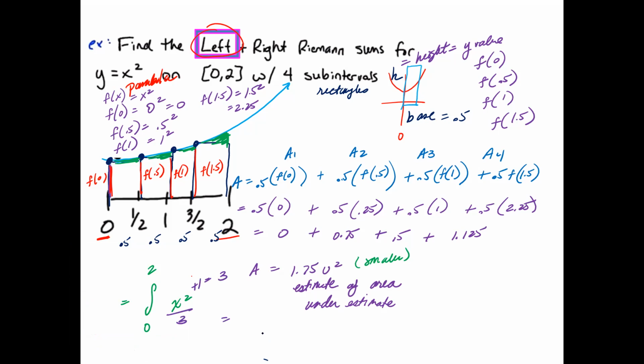So then what you're going to have here is 1/3 x to the third plus c. And then you're going to plug in the 2, plug in the 0, and then subtract them from each other to find the actual area value. But for the purpose of this one, your Riemann sum is 1.75 using the left Riemann sum.